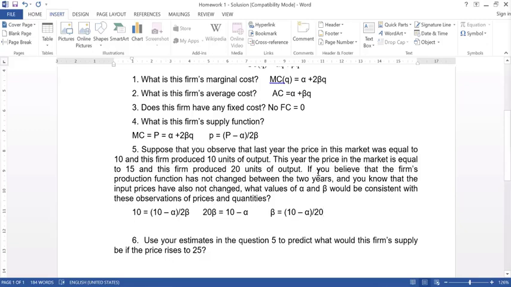Now, this year, the quantity of output is 20. 20 equal, the price this year is 15, 15 minus alpha, divided by 2 beta. We have 40 beta equal 15 minus alpha.